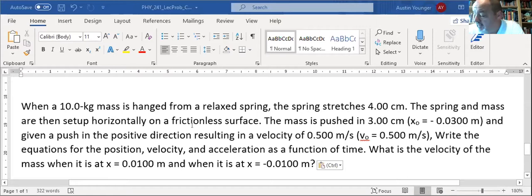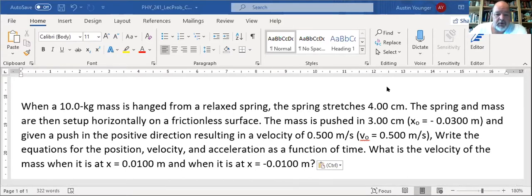And I've got a velocity v0 equal to positive 0.500 meters per second. And ultimately, I want to know v when x equals 0.0100 meters and x equals negative 0.0100 meters. So that's the important data.